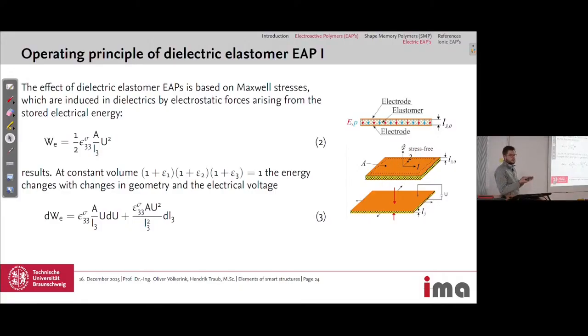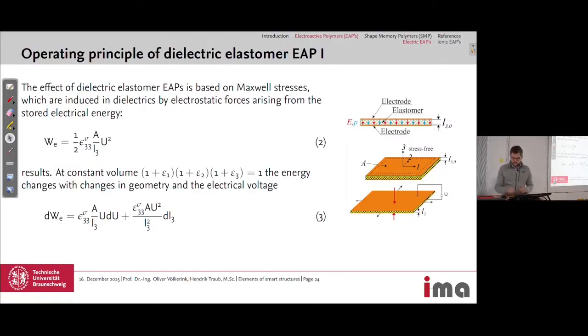So we squeeze the elastomer material between the electrodes, and we have a constant volume, so the energy changes with changes in geometry and electrical voltage, but no volume change. And we can again calculate the stored electric energy like we did in the last lecture.